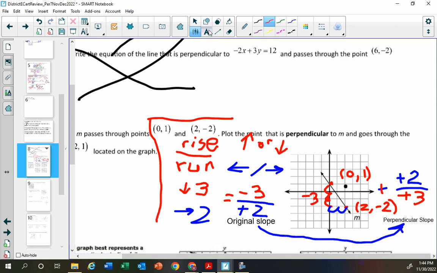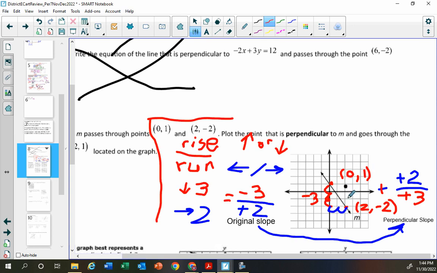So flip and change your sign. And then plot that point. You're going to be somewhere on this line, or here. Well, it goes through 2, 1.